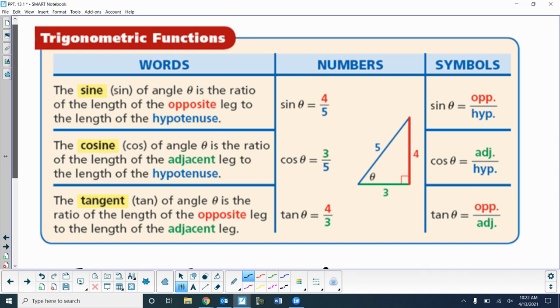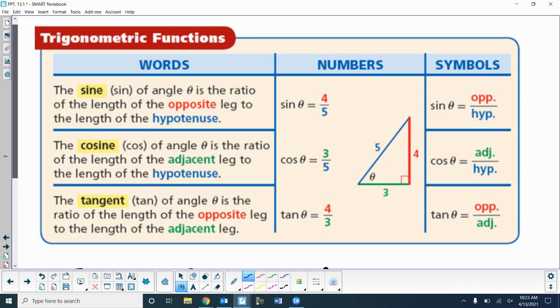So, according to theta, the opposite side would be the red side because it's straight across from it, okay? The blue side is the hypotenuse because it's opposite the right angle. It's the longest side, always, right? So, the side that's touching theta, you have two sides touching it to make angle theta, right?